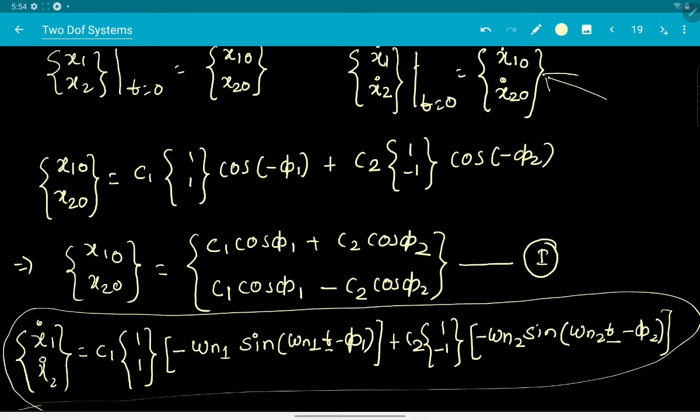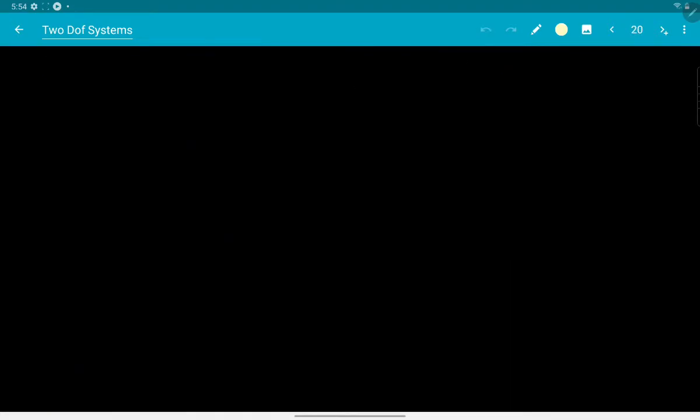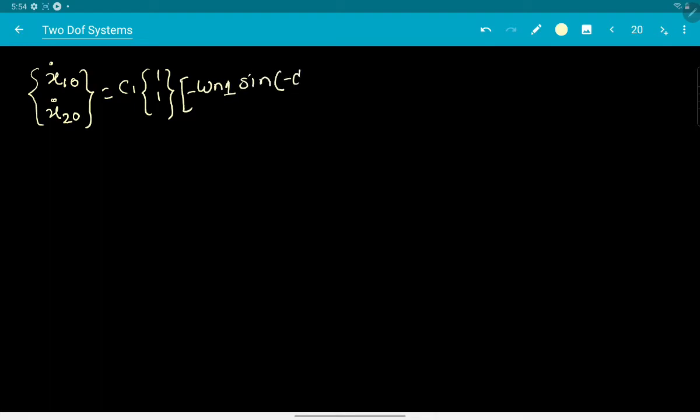Then the left hand side will be this vector, x dot 1 0, x dot 2 0, which is equal to c1 times 1 1 times minus omega n1 sine of minus phi 1, plus c2 times 1 minus 1 times minus omega n2 sine of minus phi 2.